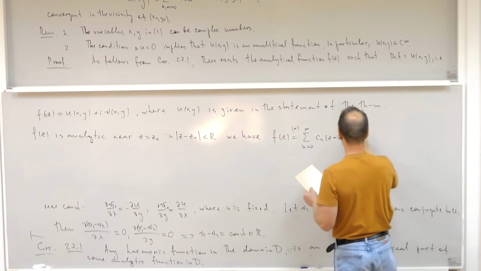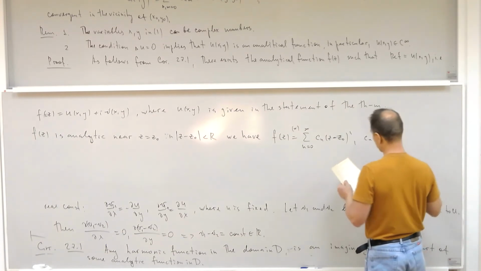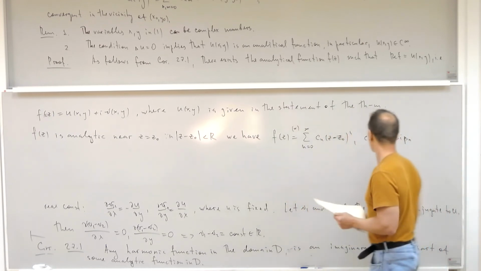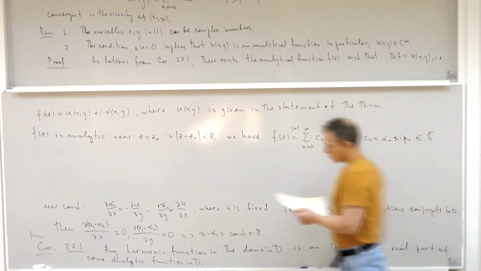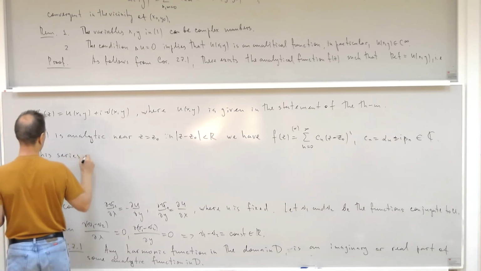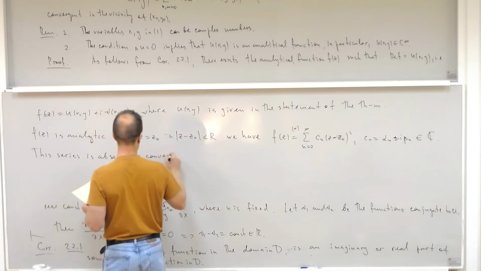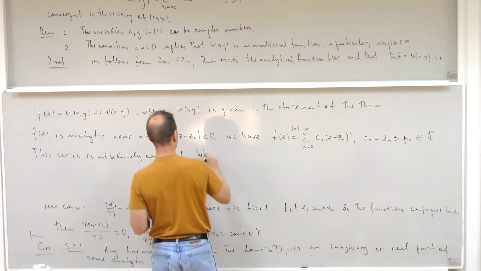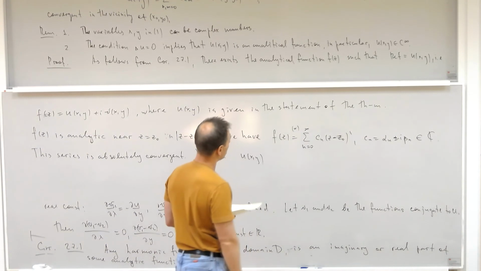We have this function in terms of its convergent Taylor series, simply due to the fact that this function is analytic. The c_n are some complex constants, which are of course defined by the function of z by the same formula. And the series is absolutely convergent.